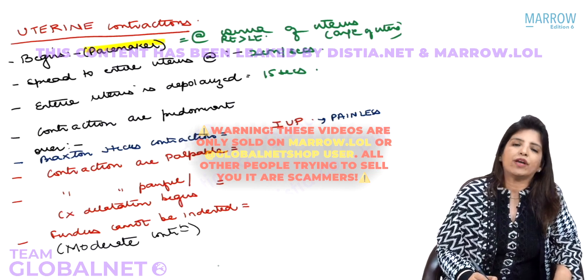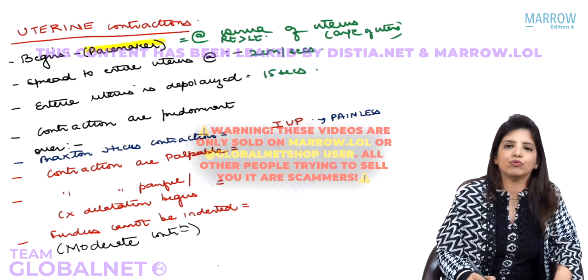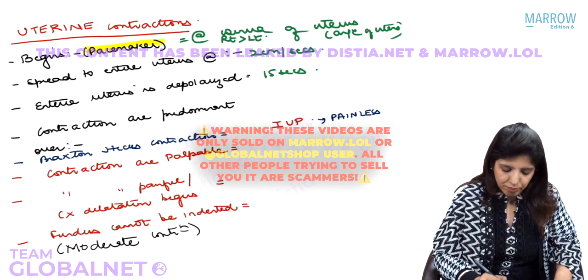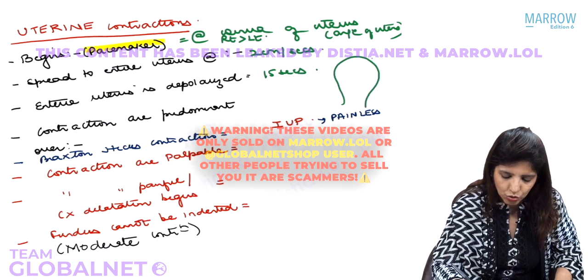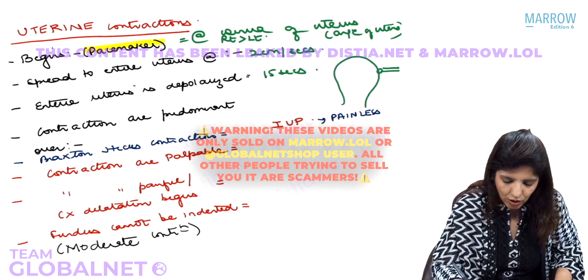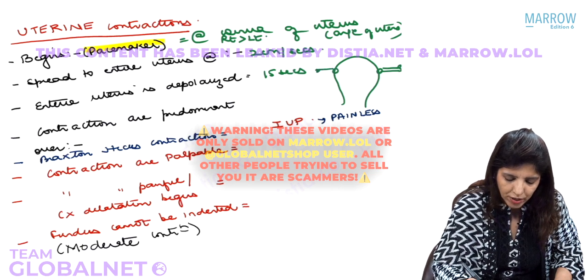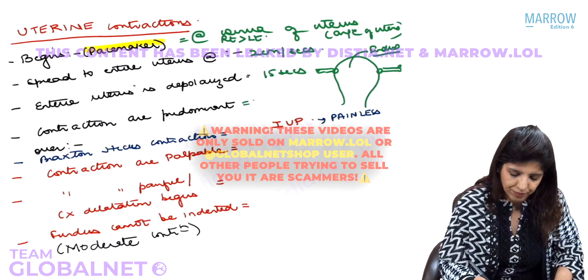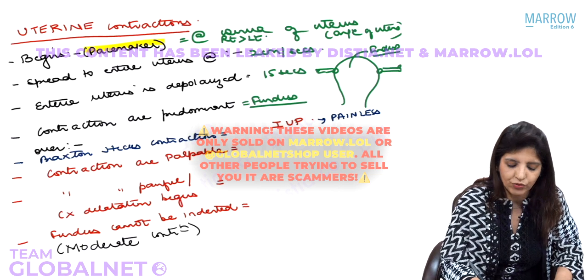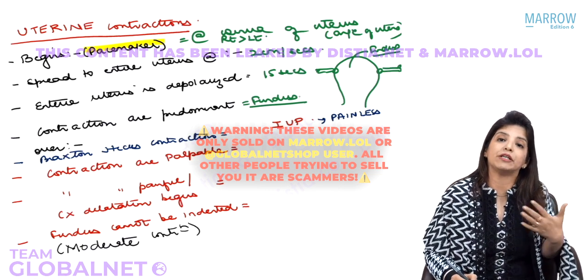Now, if I ask you in which part of the uterus the contraction is predominant, please remember, over here is the uterus. These are the cornua of the uterus. This is the fallopian tube. So the contractions are always maximum in the fundus of the uterus. It is the fundus where the contractions are predominant.